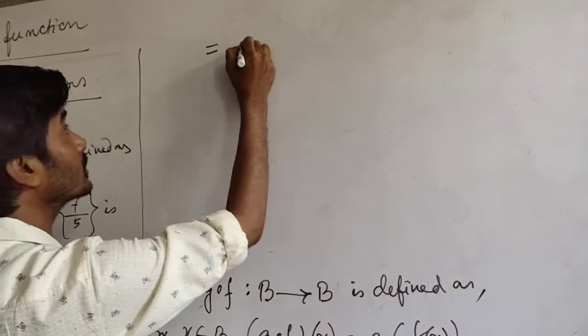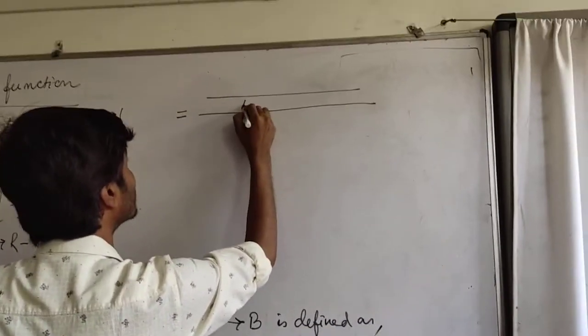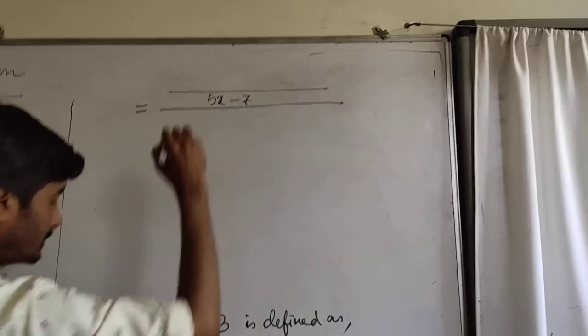This is equal to, in the numerator what do we do, we take the LCM which is 5x minus 7.